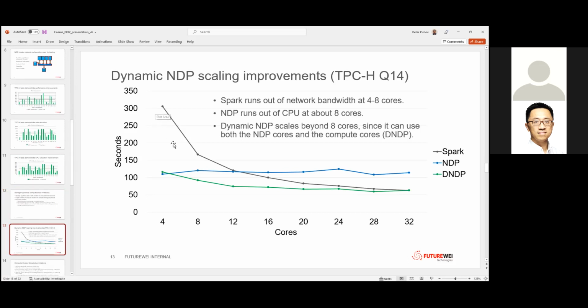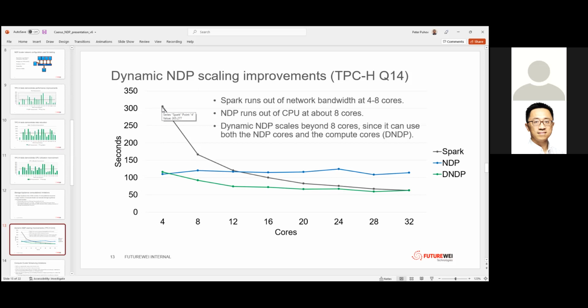So the black line is Spark. On the left, on the y-axis, you can see how much time it takes to perform a query. The 300 at the very top means that for the Spark cluster, purely Spark, with 4 nodes, 1 core on each one, it will take Spark 300 seconds to perform TPC-H query 14.